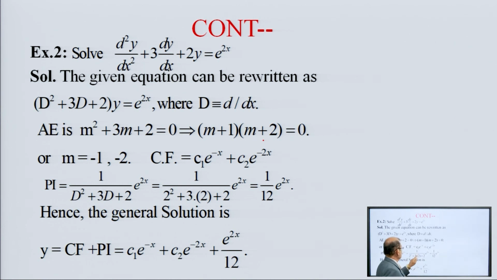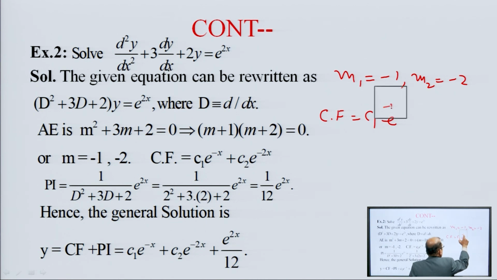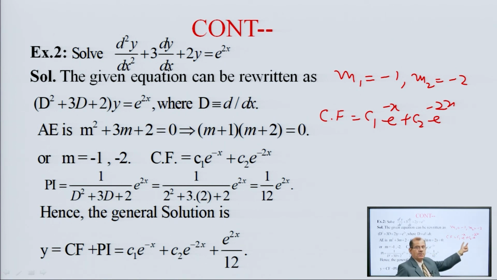The complementary function is c1 e^(m1 x) plus c2 e^(m2 x), where m1 is minus 1 and m2 is minus 2, so the complementary function is c1 e^(-x) plus c2 e^(-2x).